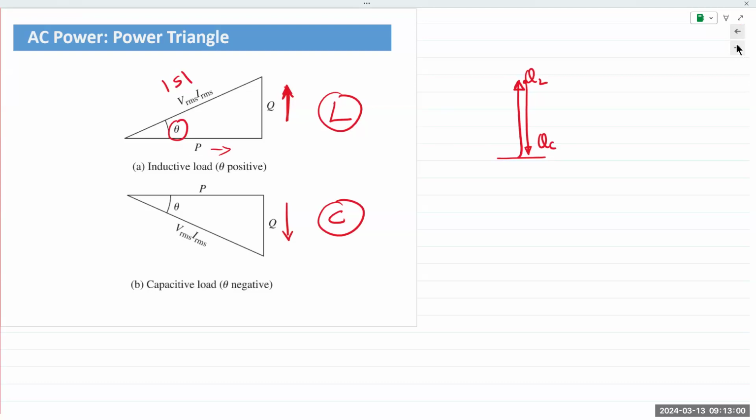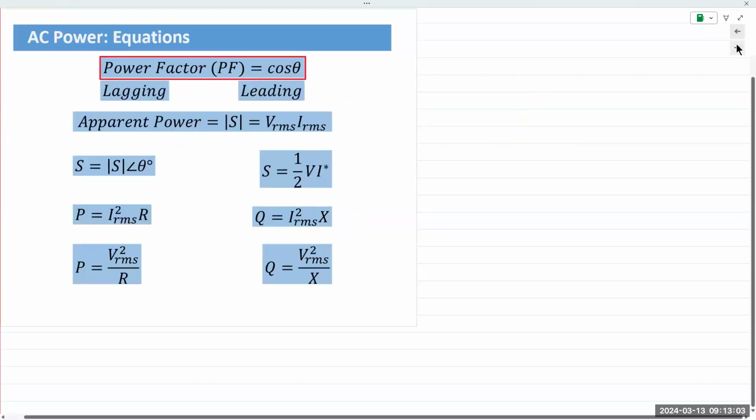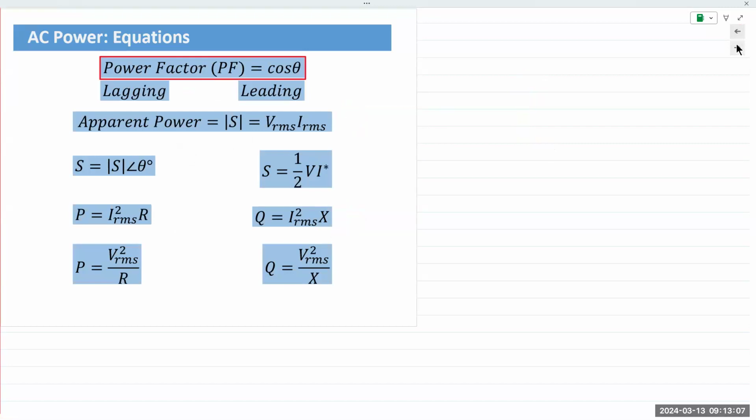And then we describe the current in terms of the voltage by a term known as the power factor. Okay, power factor. Power factor describes whether the load is inductive or capacitive.